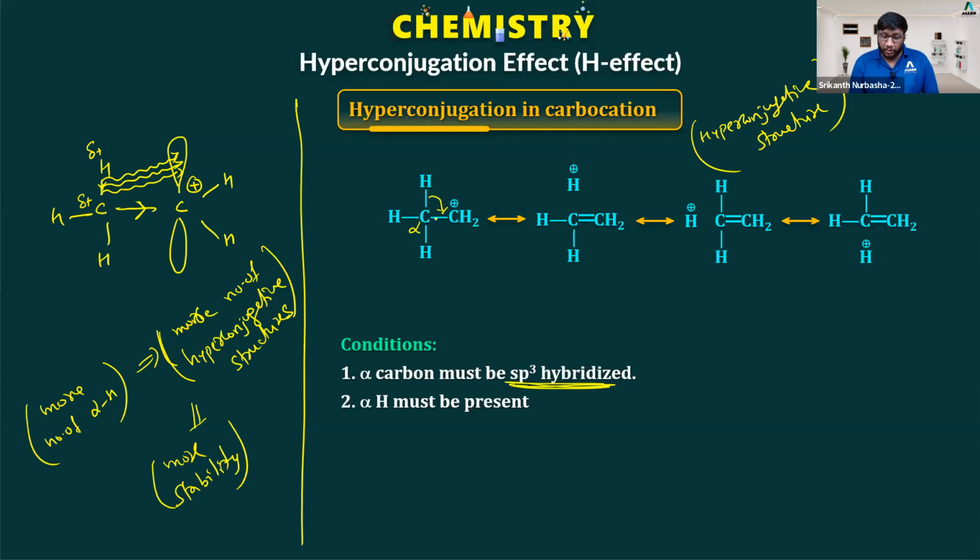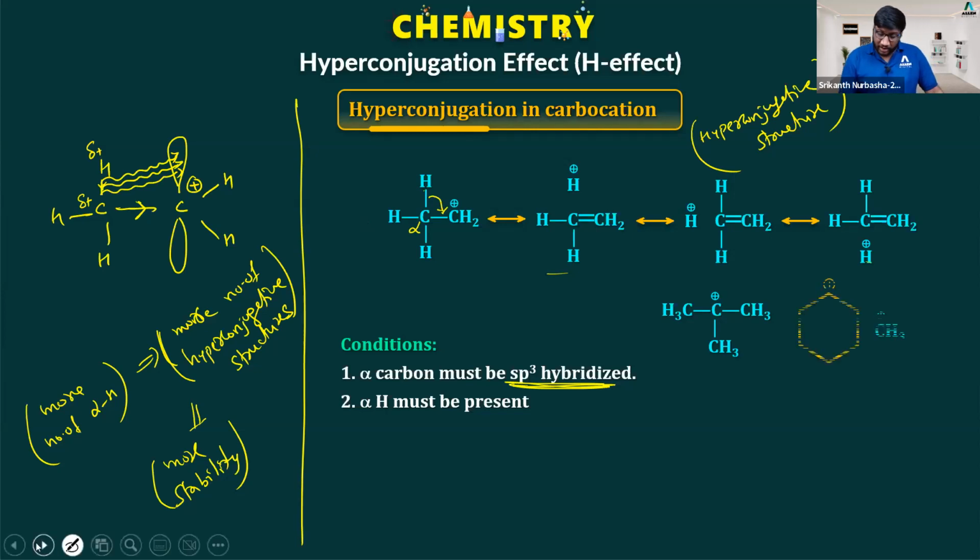And how many resonating structures will we have? The number of hyperconjugated structures is equal to the number of alpha hydrogens plus 1, because 3 alpha hydrogens are there, so 3 structures plus this one, so 4 hyperconjugated structures. You don't need to go with that. You can simply say greater the number of alpha hydrogens, greater will be the stability.